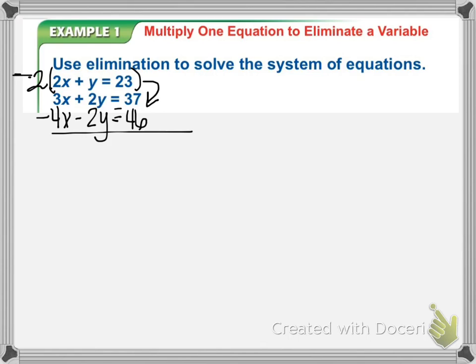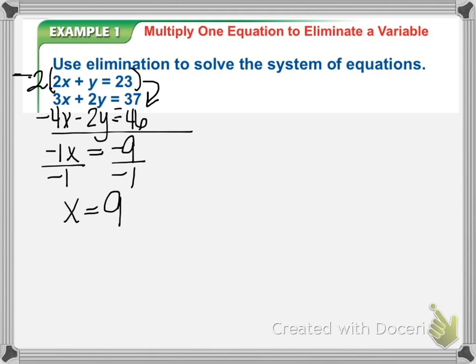And then you are going to combine like terms vertically. So you have 3x minus 4x, which is -1x, equals, and then you have 37 minus 46 is -9, and then you divide by -1 on both sides, and so x equals +9.